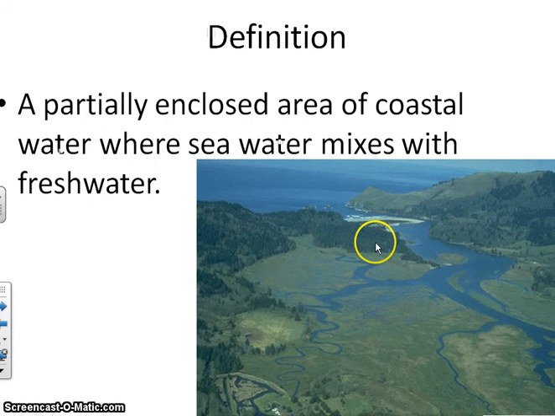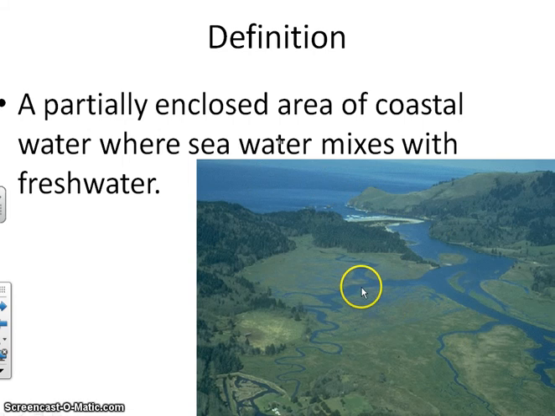Here's an example of an estuary, and this is where the river meets the ocean. And it's a really neat, really unique environment because you have mixing every time the tide goes in and out. There are organisms out here in the ocean that really can't handle the river water. There are organisms here in the river that really can't handle the ocean water, but those who can handle an in-between environment live here.